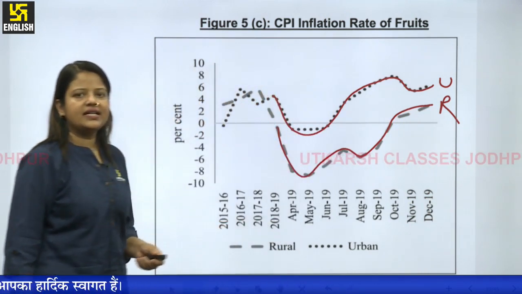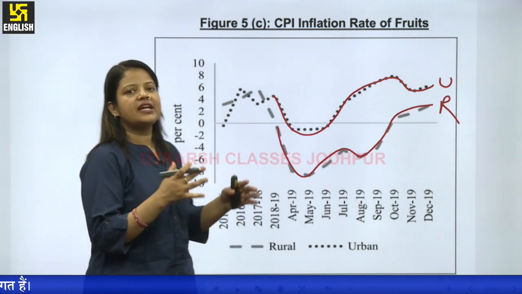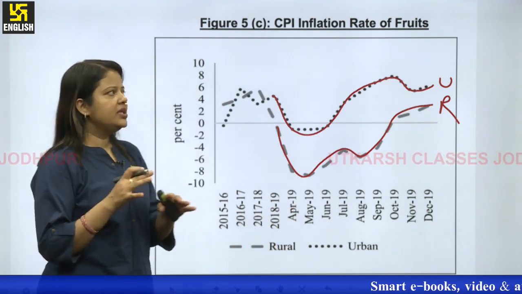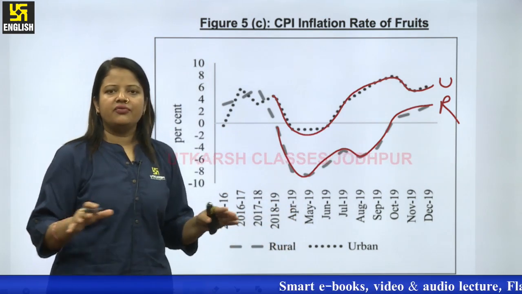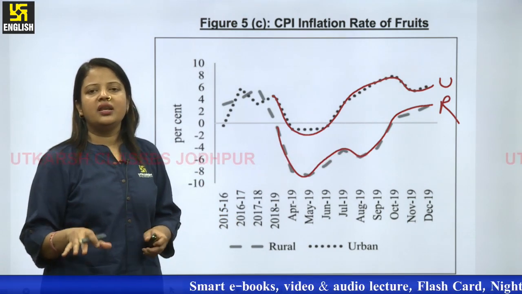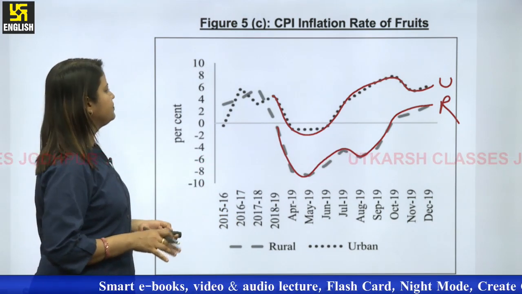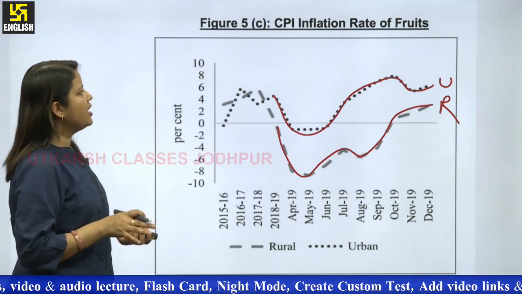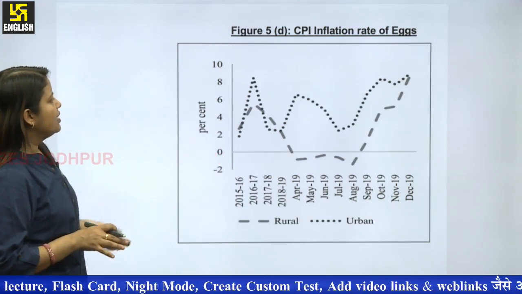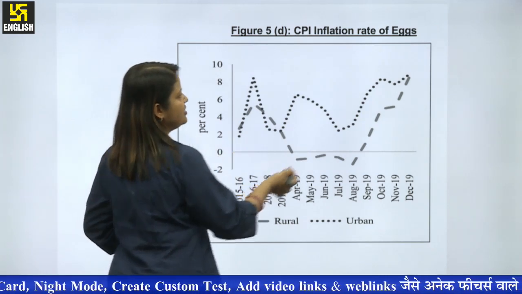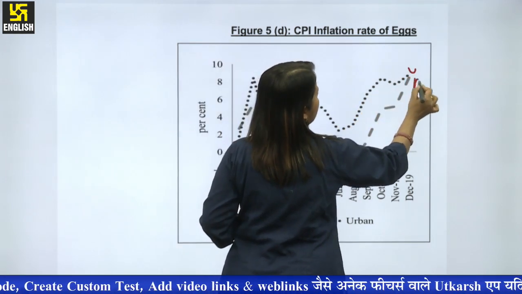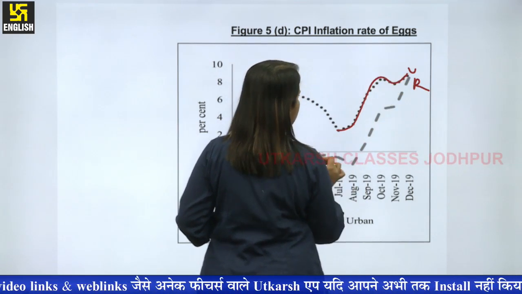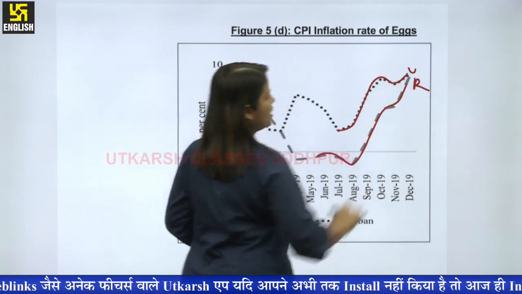So all these items were higher, the rate of these items were higher in the urban area or the city area, and all these prices, the rate were lower in the rural area or the village area. So there was divergence in the rate of rural area and urban area. This is the rate of eggs in the urban area and the rural area. You can see that the rate of egg in the urban area was higher than the rural area.